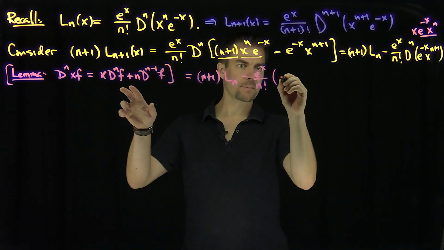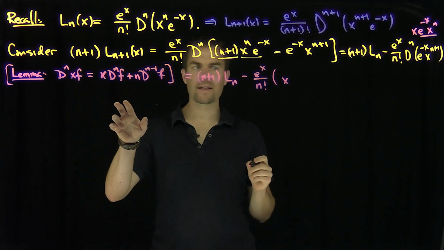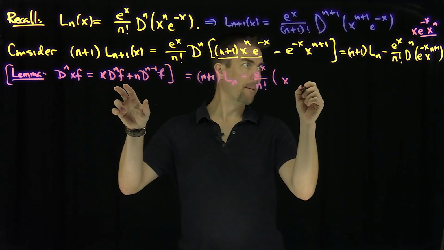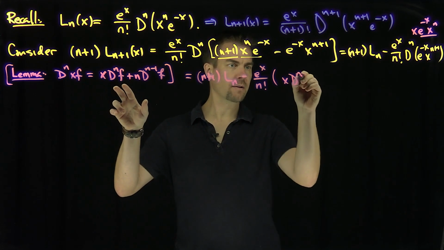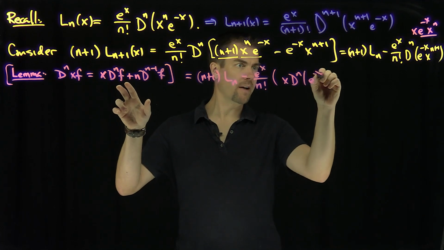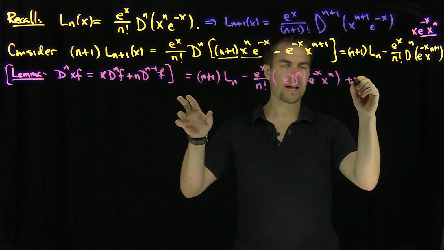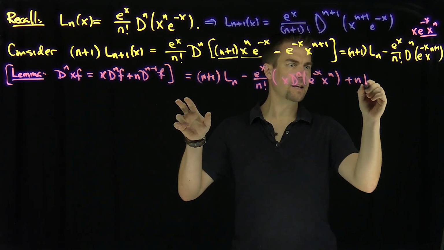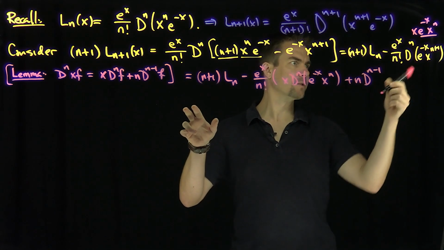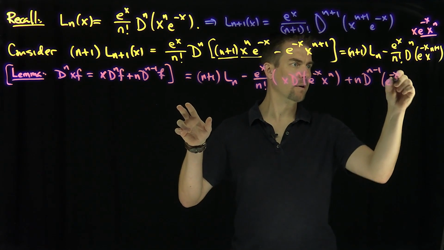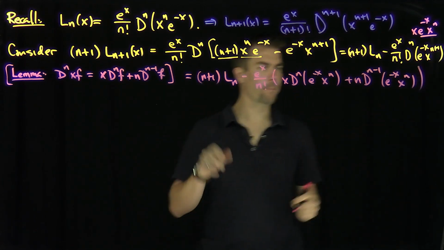I'm going to pull out that x. So it's going to be an x, and then times d^n of e to the negative x, x to the n, and then plus n, d^{n-1} of e to the negative x, x to the n, like so, okay?